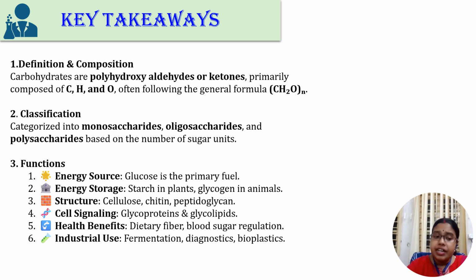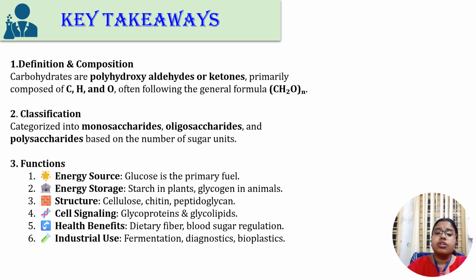There are different functions of carbohydrates. It is the main source of energy. It can also store energy, like starch and glycogen in plants and animals, respectively. It can also give structure, like cellulose for the plant cell, chitin for fungal cells, and peptidoglycan for the bacterial cell.